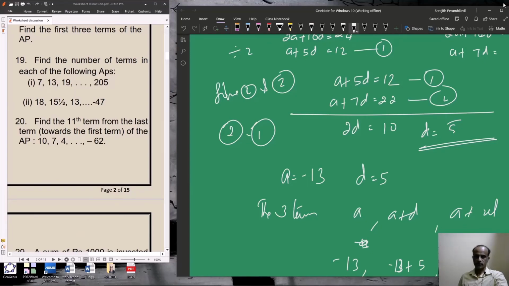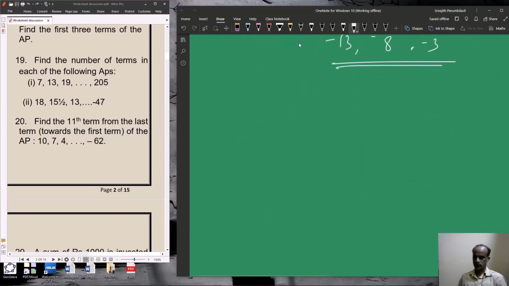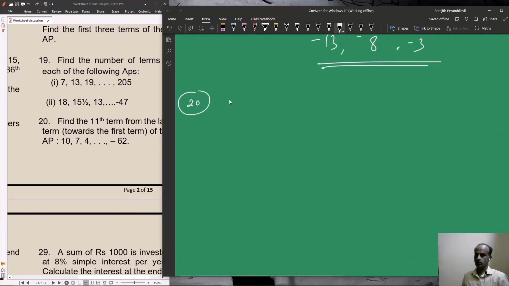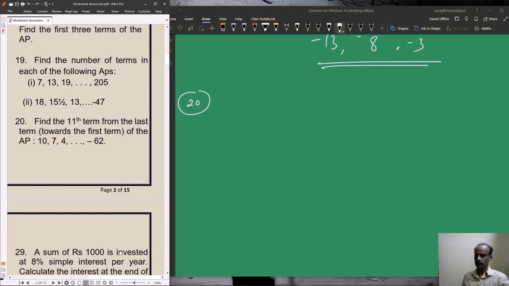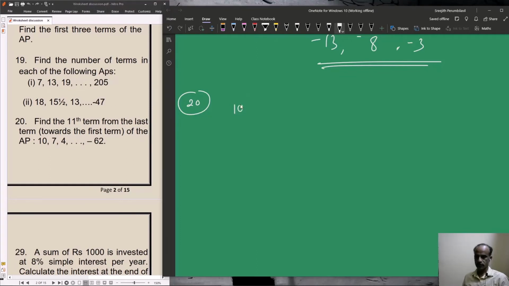Question number 20. Find the 11th term from the last term of the AP: 10, 7, 4, and so on, up to minus 62.